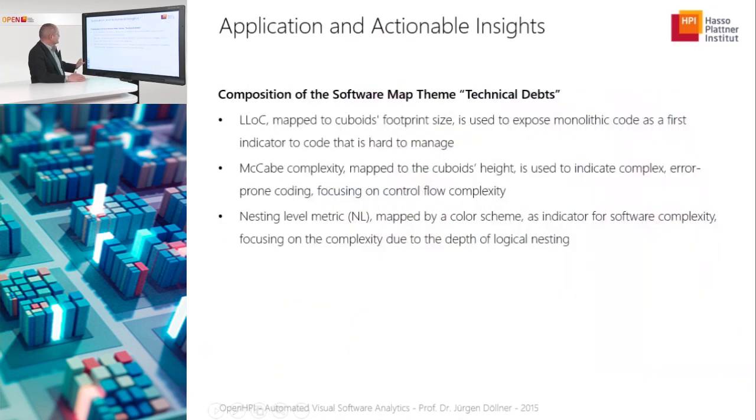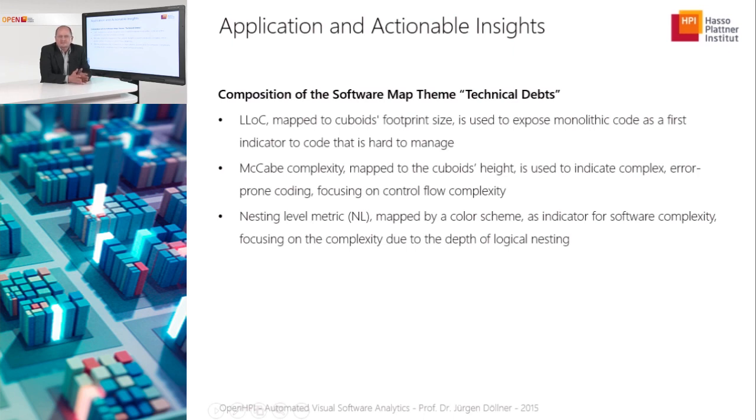To get more details here, as already said, the logical lines of code mapped to the footprint size used to expose monolithic code as a first indicator to code that is hard to manage. McCabe complexity, which is mapped to the height of the cuboids, is used to indicate complex, error-prone code or codings, focusing on the control flow complexity.